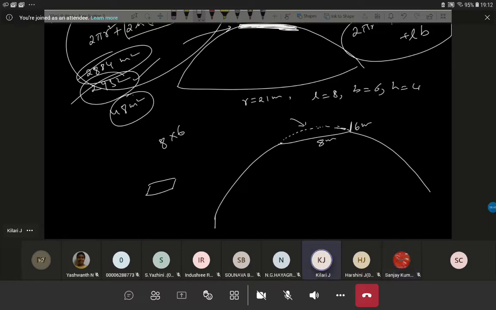There is no formula with us to find this curved surface. The flat surface we can find, 8 into 6, using L into B. But how to find that curved surface on the top of the dome? How will the curved surface be attached to the flat one?